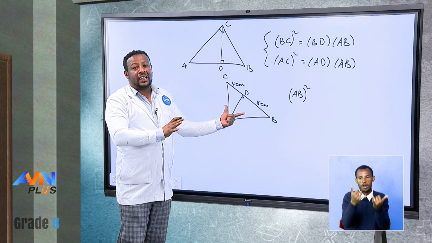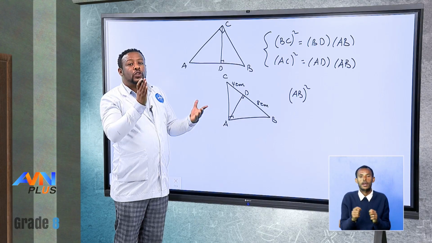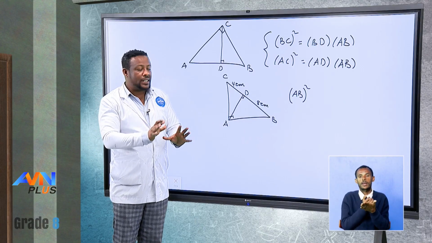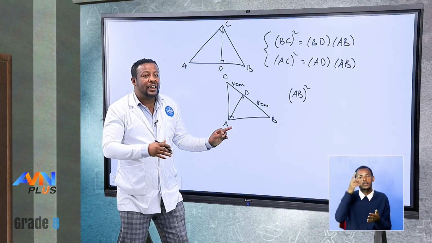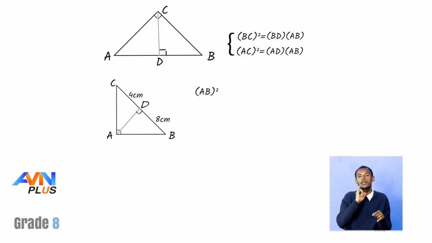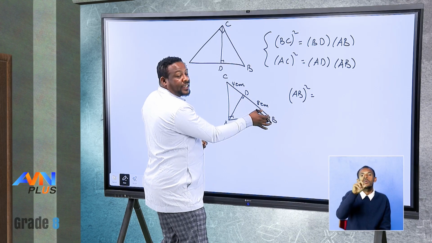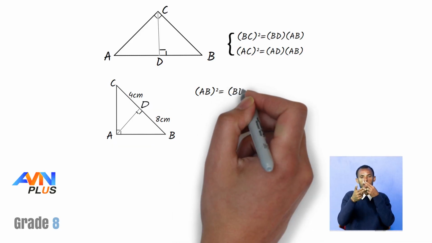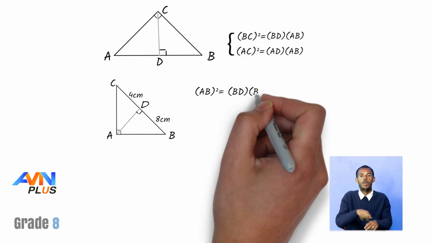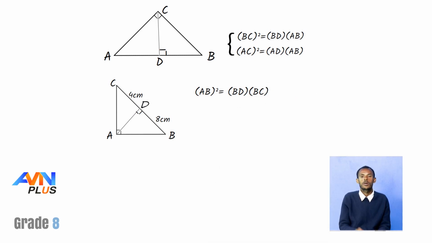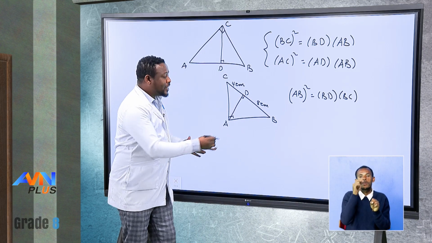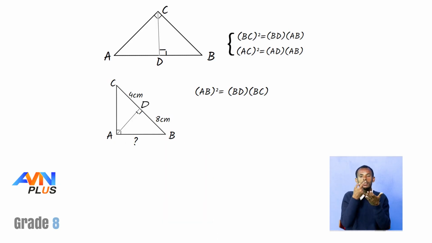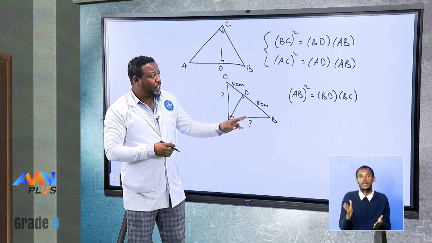Now we are taking this triangle, so we need to take the theorem as it is. The square of this leg is equal to one of the adjacent sides, that means BD, times the hypotenuse, the longest side BC.